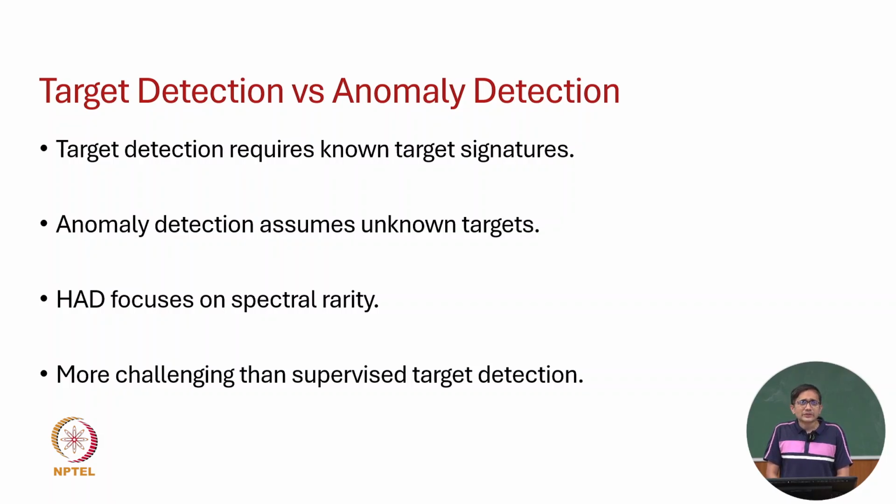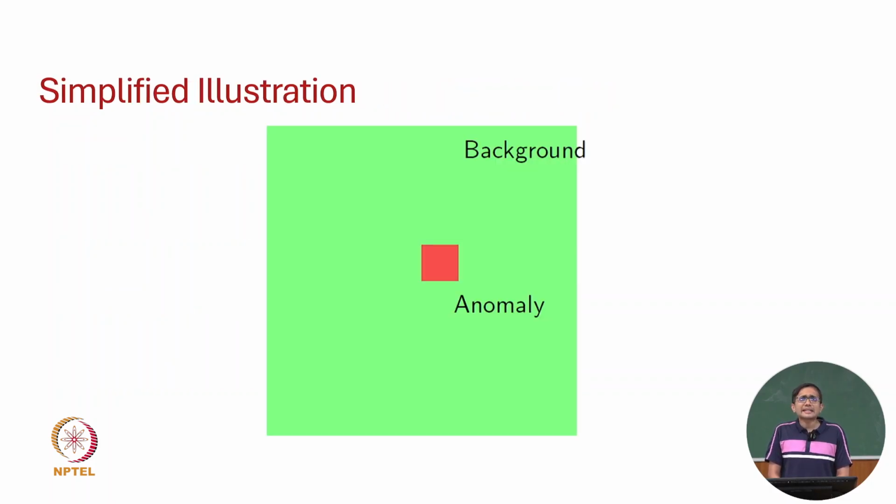Hyperspectral anomaly detection focuses on spectral rarity, and it's of course more challenging than supervised target detection or supervised hyperspectral image classification related tasks.